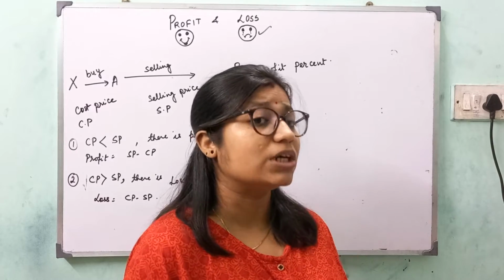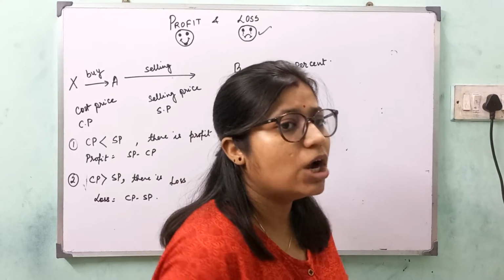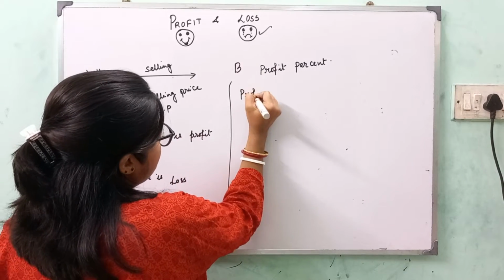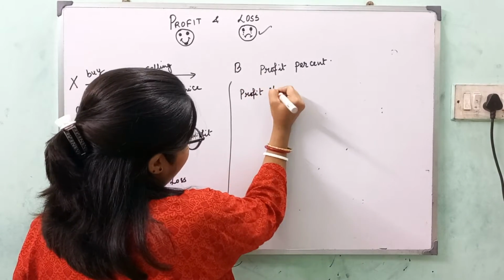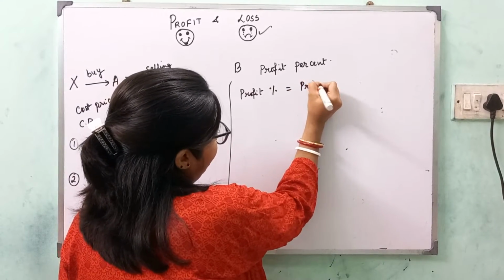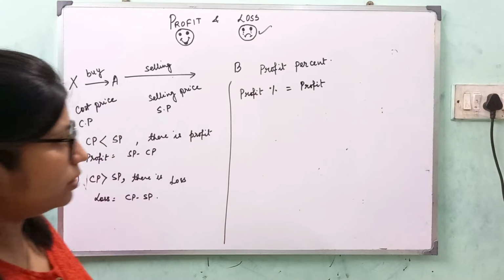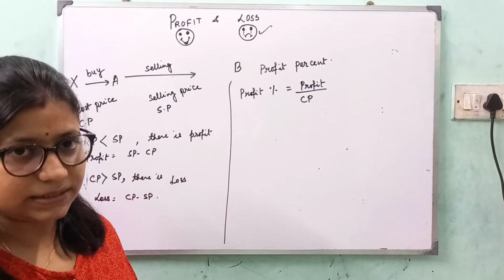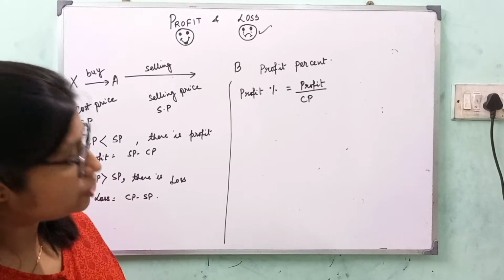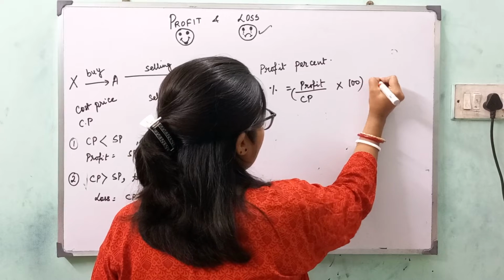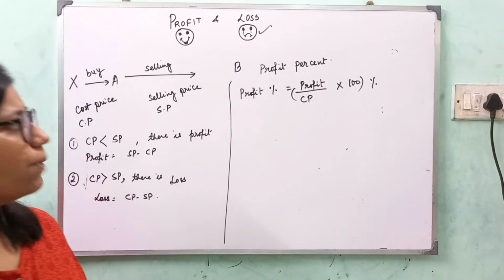We see based on the cost price, are we getting more, are we getting less. So whenever we calculate the profit percentage, how do we calculate? We say it is whatever amount you had gained by the amount that you had invested or used for purchasing the object, into 100. This much percentage is your profit percent.